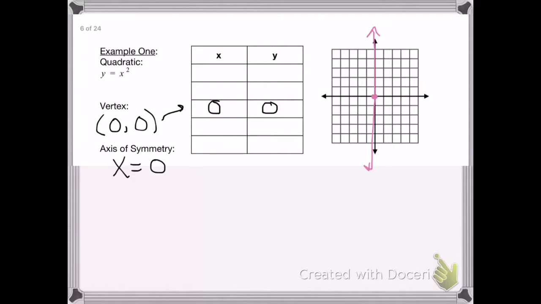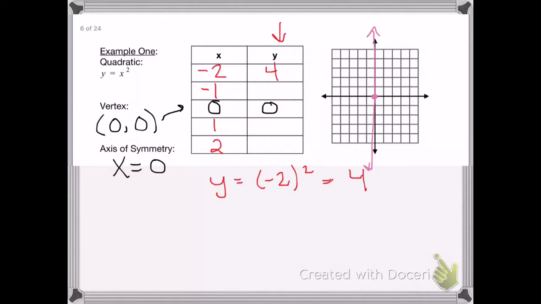The next thing I'm going to do is fill out the chart. We're going to go -1, down to -2, then up to 1 and 2. Your next goal is to find the y values, and that's just by plugging the x values into the original equation. So for the first one, we have y equals -2 squared, which gives us 4.